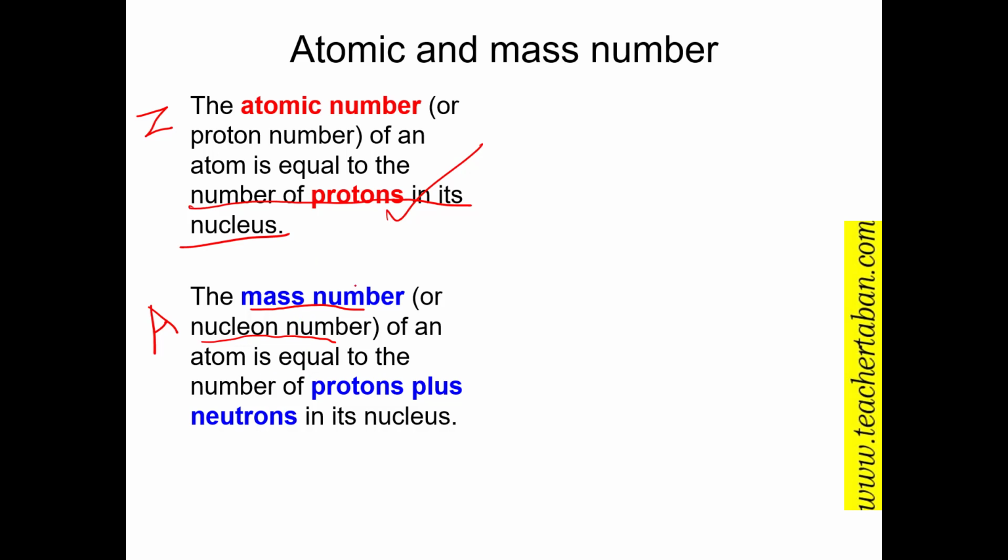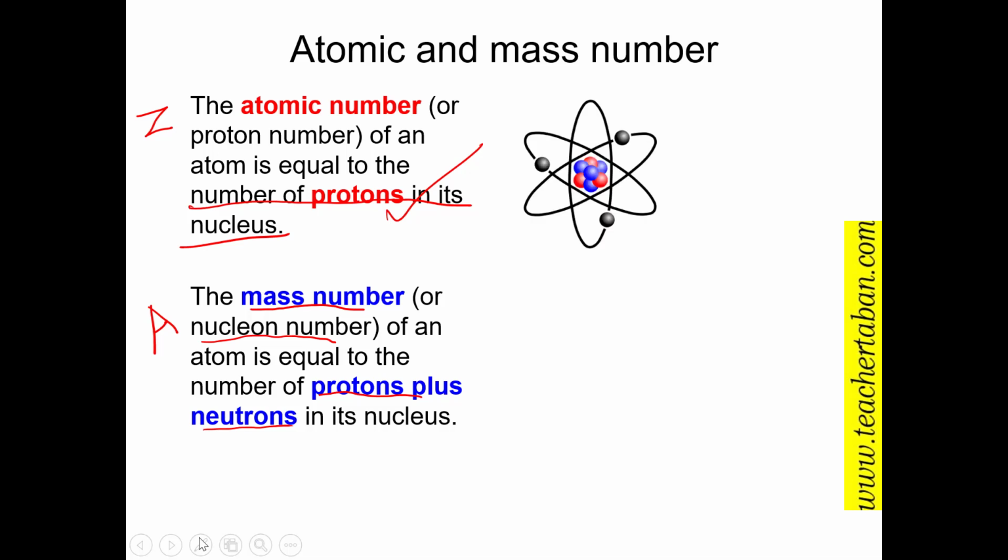We define the mass number as the total number of protons and neutrons inside the nucleus of an atom. So when I ask, what is meant by the term atomic mass? Don't confuse it with atomic number. They're different. So atomic mass is the total number of protons and neutrons in the nucleus of an atom.